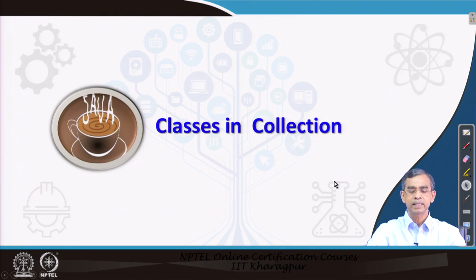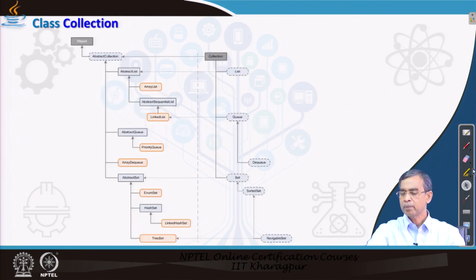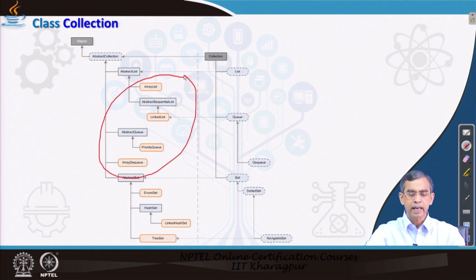I just want to mention the different classes. As we have already mentioned, these are the different classes. All these classes can be better understood while we discuss the corresponding data structure. For example, ArrayList is the class to deal with arrays, LinkedList is the class to deal with the linked list concept in data structures. PriorityQueue is the data structure related to queue operation.